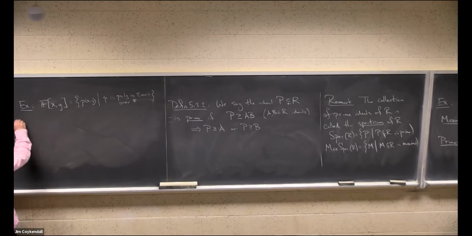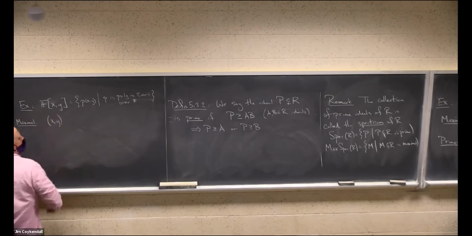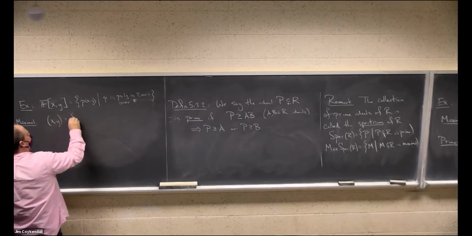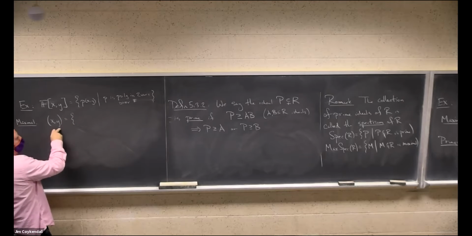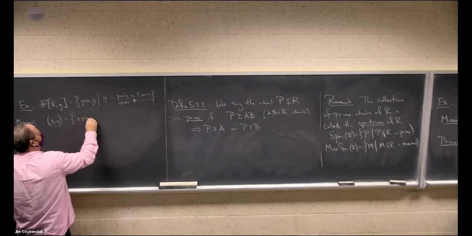Here are some maximal ideals. You'll be able to see why this is true later. This is the ideal generated by x and y, like we talked about. This is anything in this form.